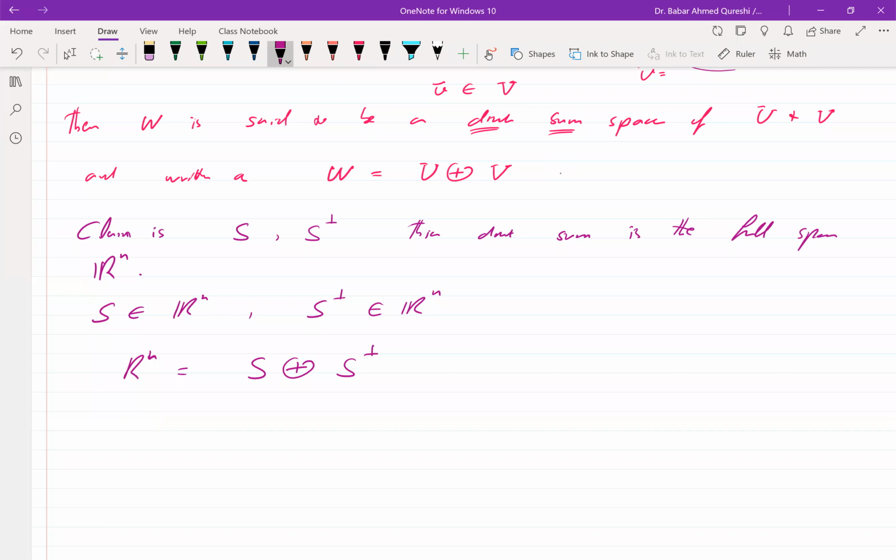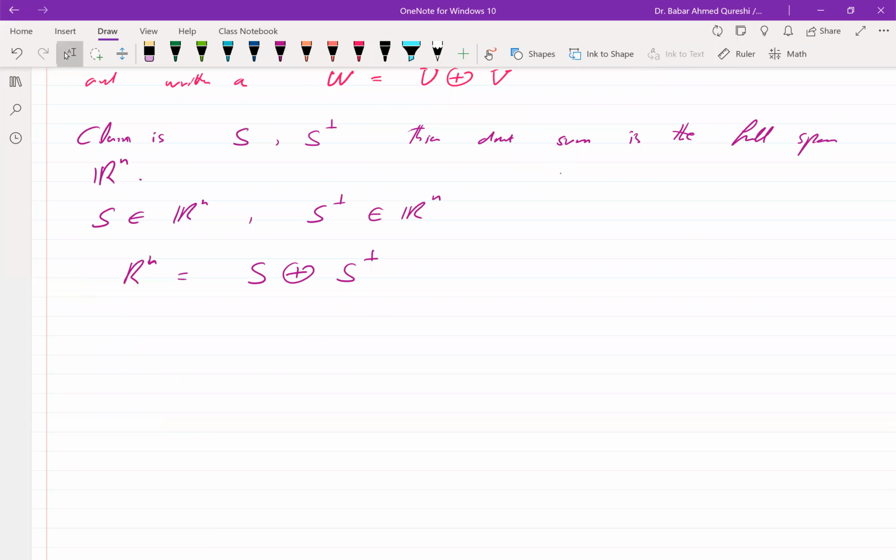It's just a fancy way of saying that you can write any vector here as a vector coming from here plus a vector coming from here, where this belongs to this space and this belongs to this space.